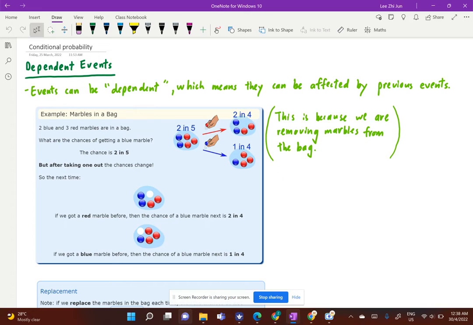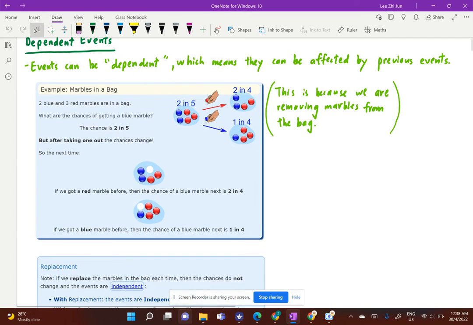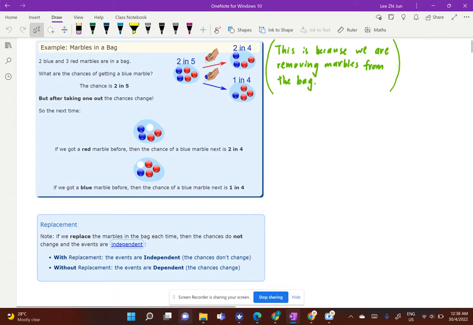But after taking one out the chance changes. If you got a red marble before, the chance of a blue marble next is 2 in 4. If you got a blue marble before, the chance of a blue marble next is 1 in 4. This is because we are removing the marbles from the bag.